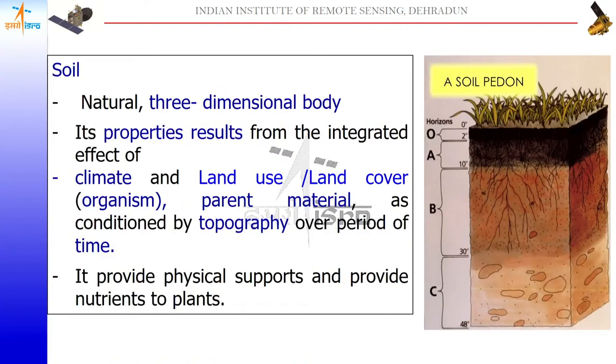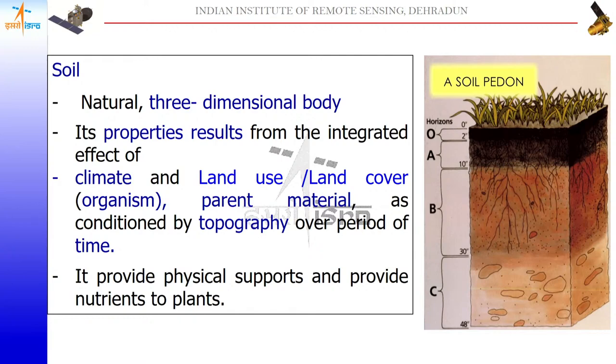Then first comes the question: what do we mean by soil? When a soil scientist studies the soil, for him it is not only the top layer or surface soil, but we consider soil as a third dimension also and need to characterize it from surface to subsurface.